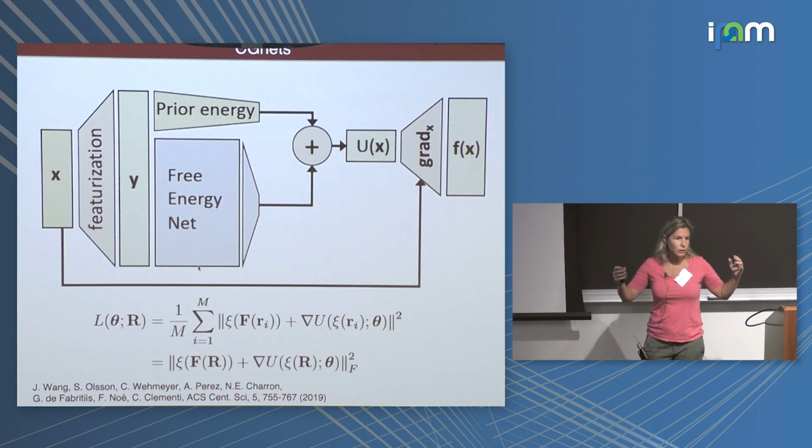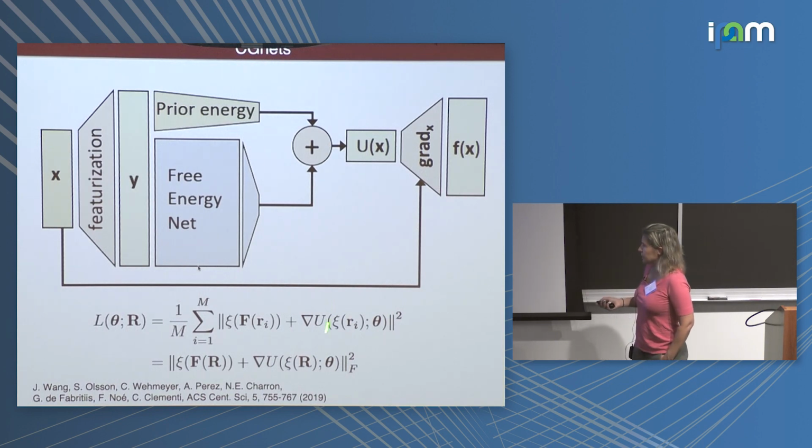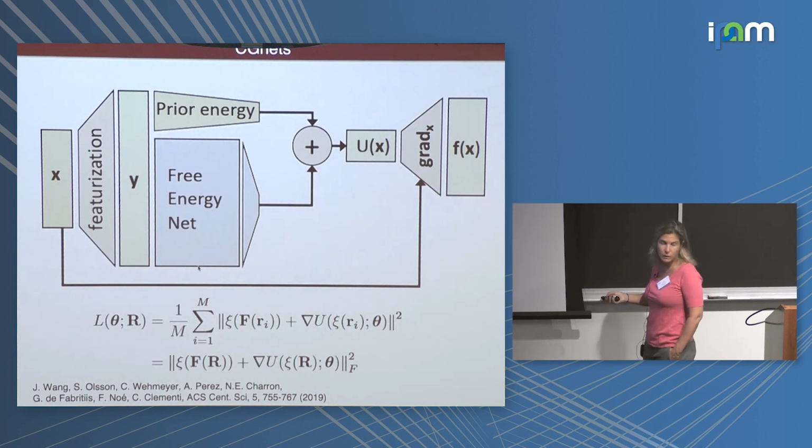But it's just a test of the neural network, because it's just a definition of the force: if you don't have any coarse graining, the force is minus the gradient of the potential. Other questions?